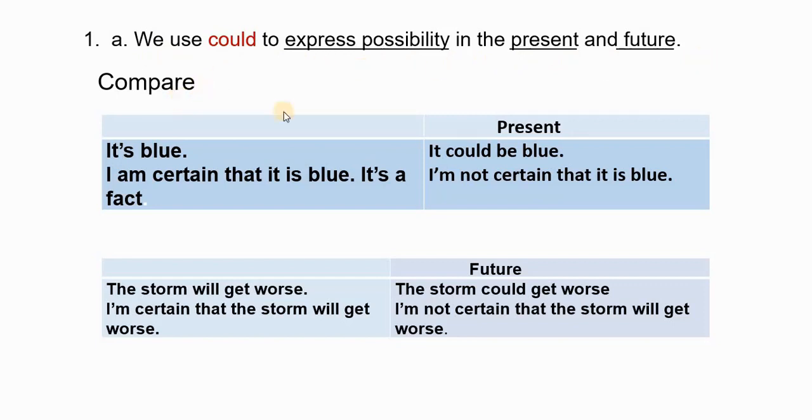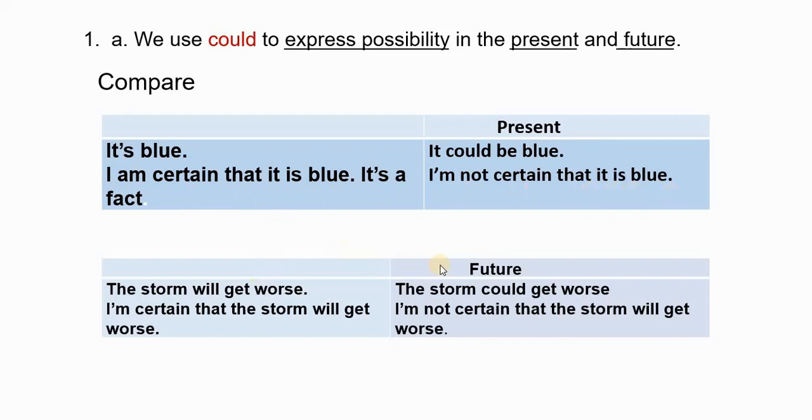So we have to compare present and future. It's blue. It could be blue. I am certain that it is blue. It's a fact. I'm not certain that it is blue.